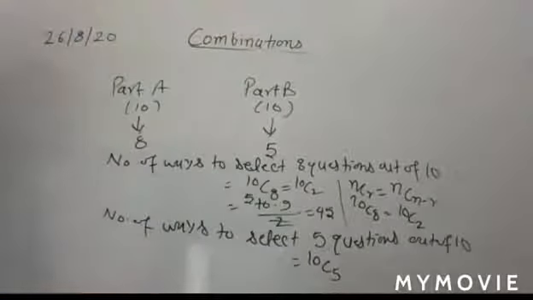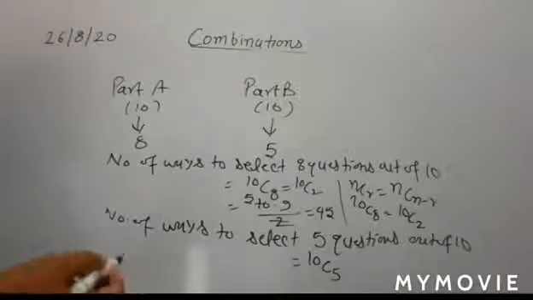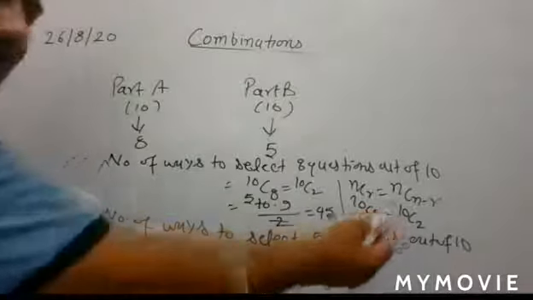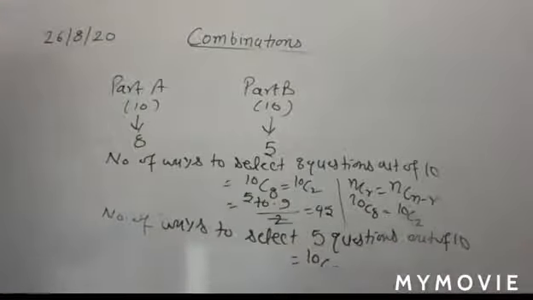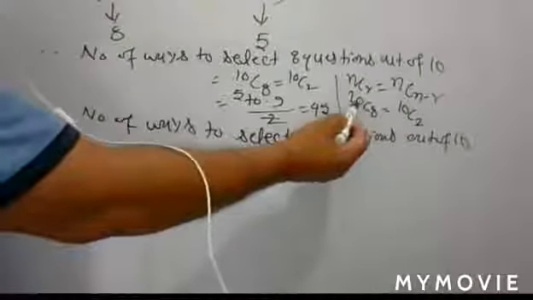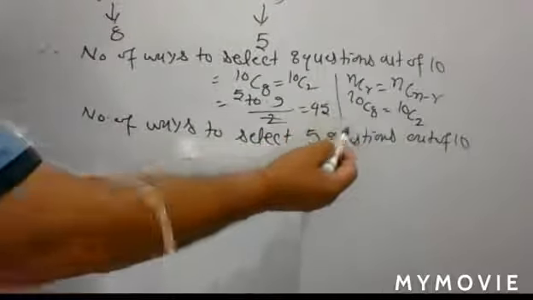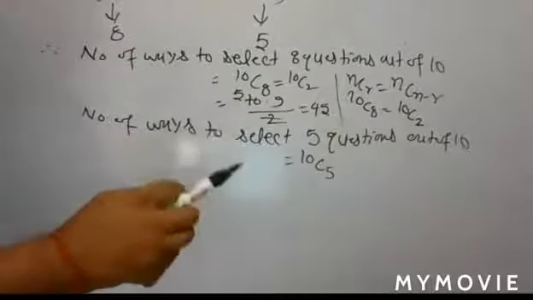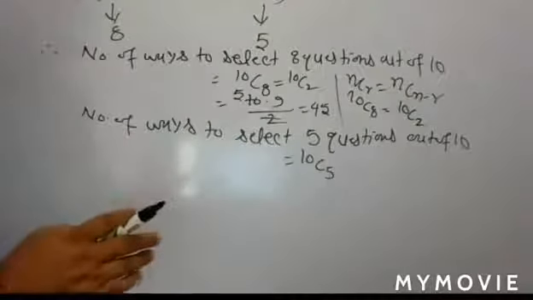Here you have to find its value. If you apply this formula, you get the same value. If you take the difference of n and r, and if the difference is lesser, you write that.